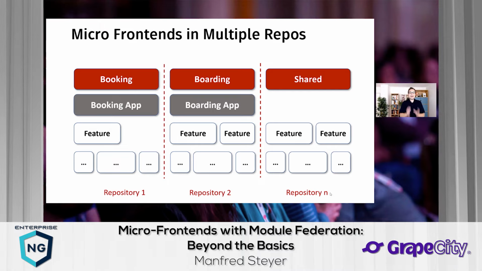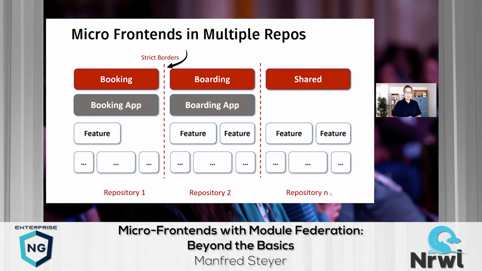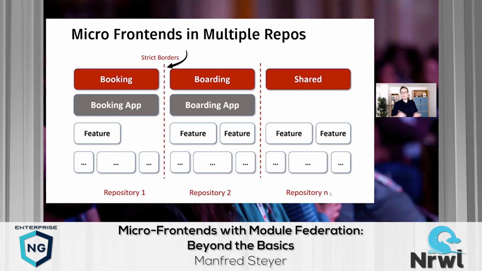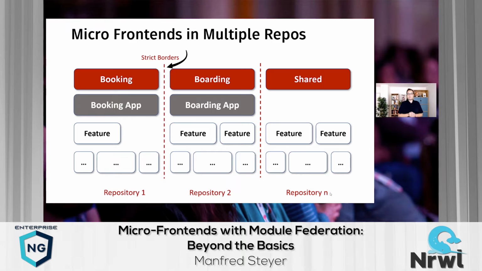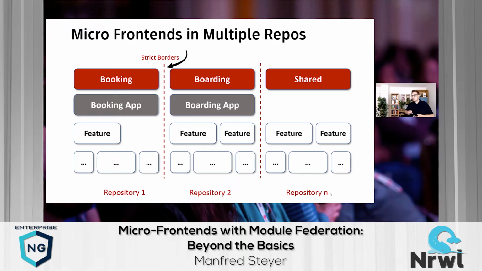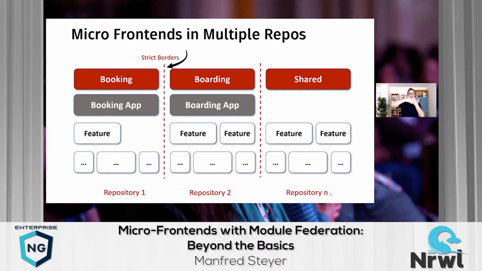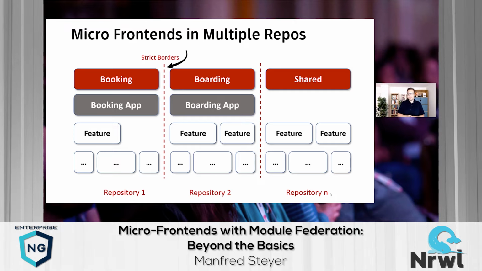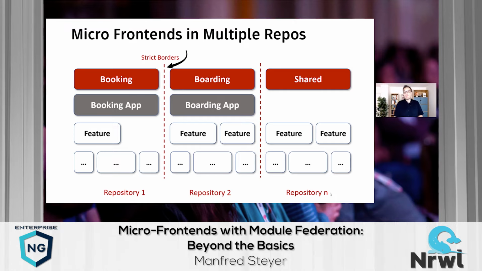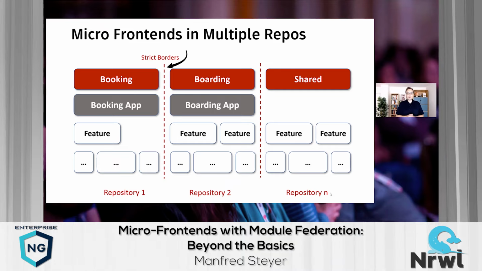This gives you the highest amount of freedom, because the borders between repositories, for instance, between Git repositories, are quite strict. And that means we cannot easily grab over this border and take something from over there. This decouples everything from each other. And so we have a lot of freedom, like we can use different versions of our libraries or of our frameworks.